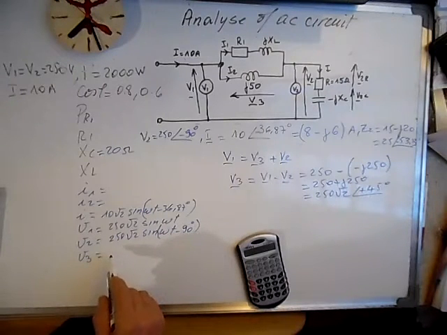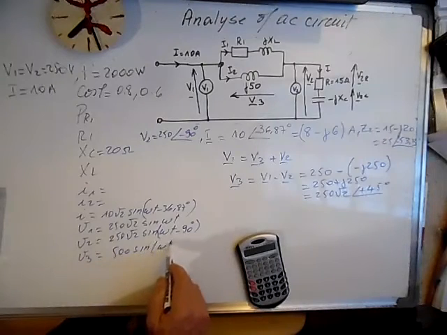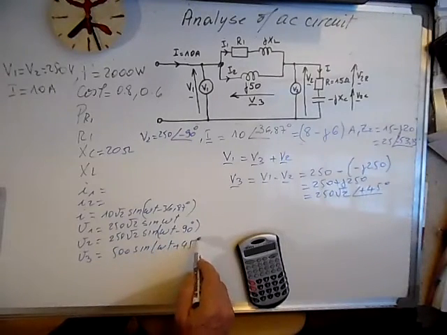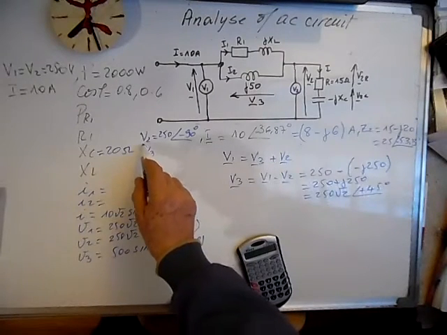So V3 we can write it as 500 sine omega t plus 45 degrees. I write it here so to remember it.